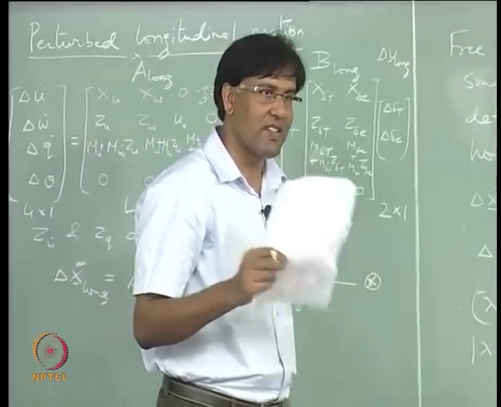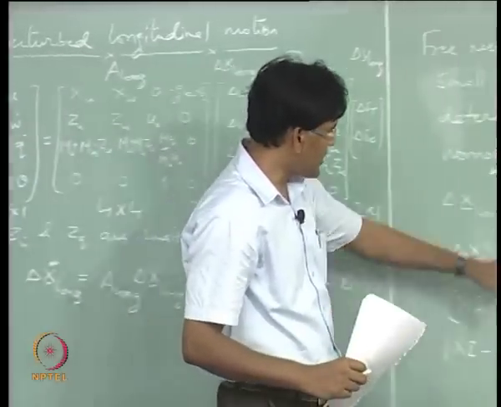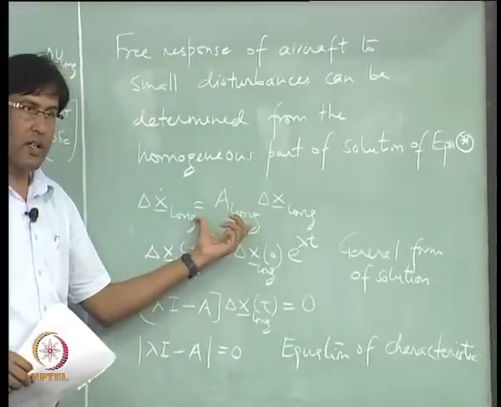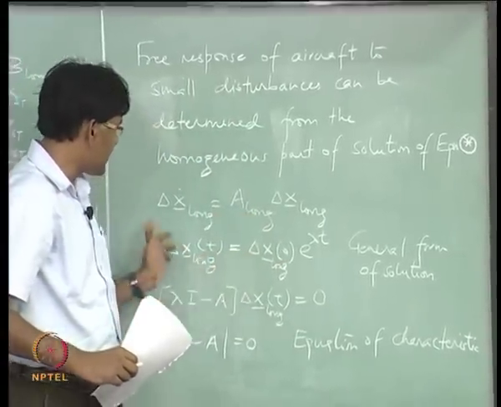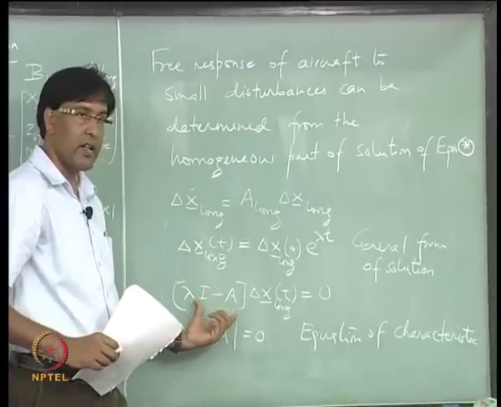I'll answer your question afterwards, we can discuss, okay. So this is the general form of solution for this equation, right, and we are plugging this general solution in this equation, and this is what we get, right.